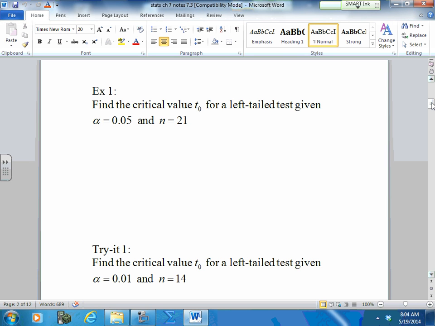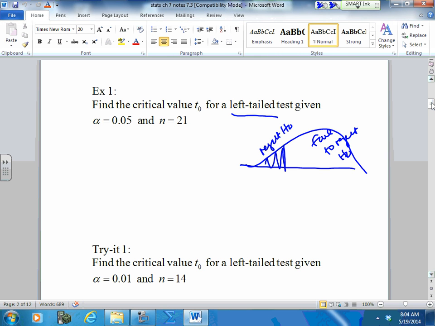So you want to find the critical value for a left tail test. Here's your left tail. This is reject H0, and this is fail to reject H0. You want this. It is now a t sub 0. This is your critical value, your cutoff. So what's my degrees of freedom? If my sample size is 20, what's my degrees of freedom? Oh, sorry, my sample size is 21. My degrees of freedom is 20.